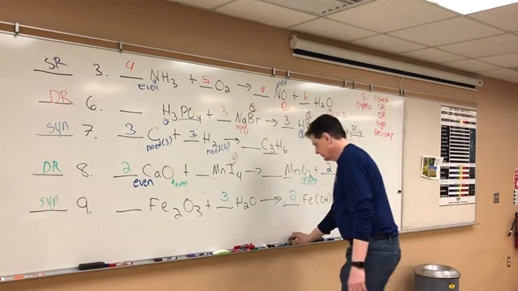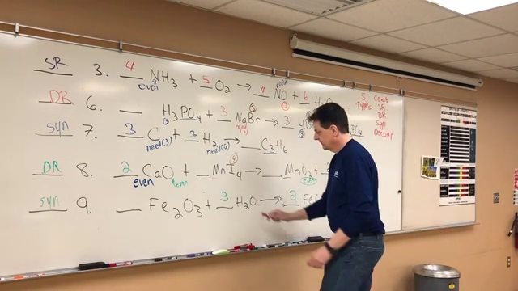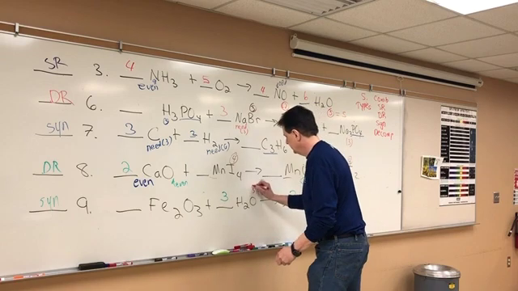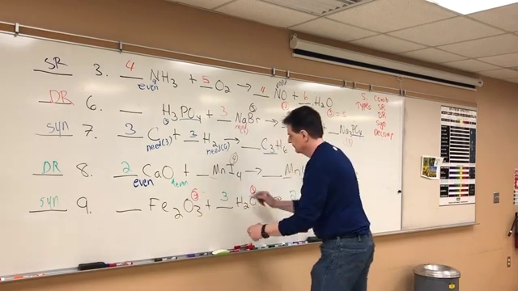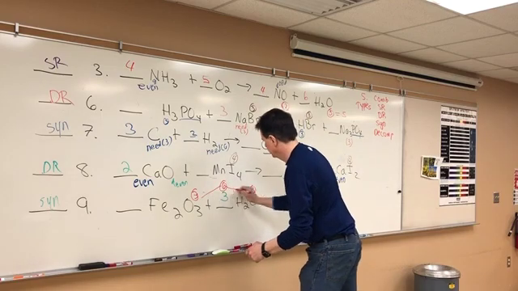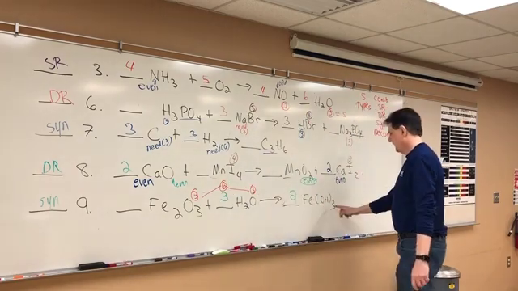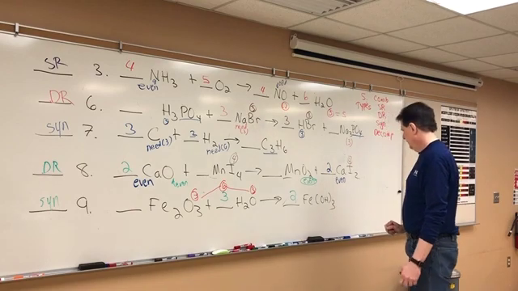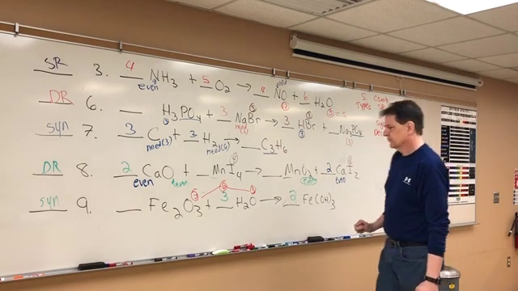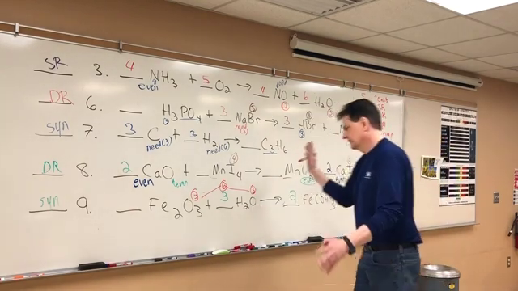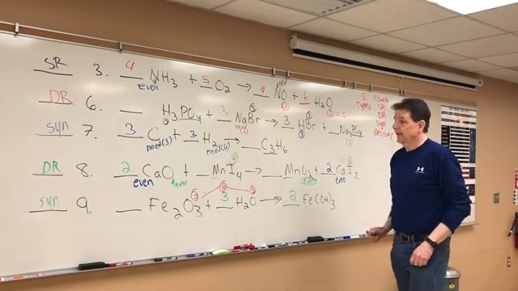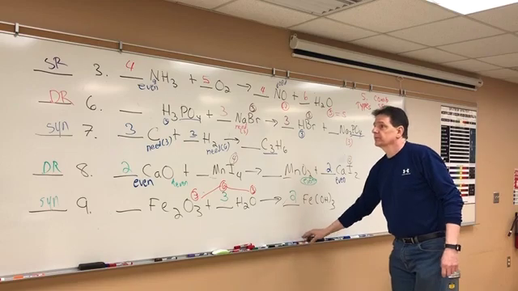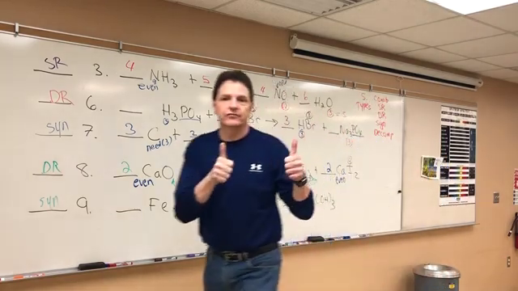So total O's on this count: I've got 3 times 1, 3 here, and 3 here. 3 plus 3, so I have a total of 6 on O. And I have 3 times 2 is 6 on O. Do I have 6 hydrogens? Yes, 3 times 2. I've done hydrogen. I have 2 irons. Yeah, that one's balanced. And that is 3 plus 6 through 9. That set's good to go.